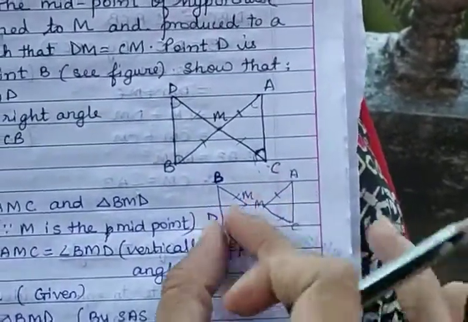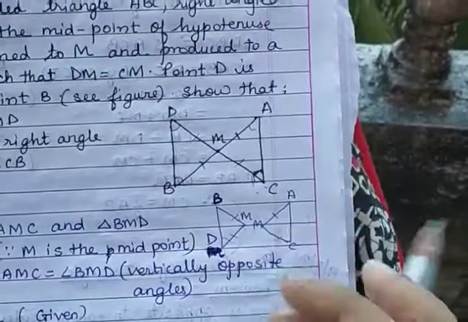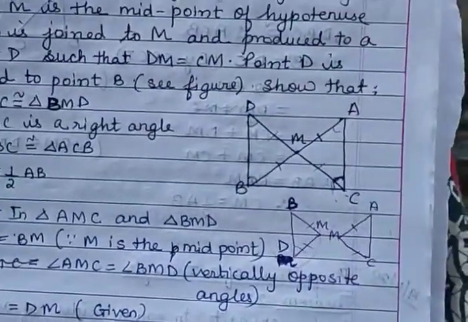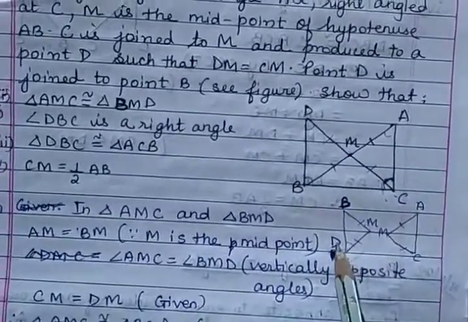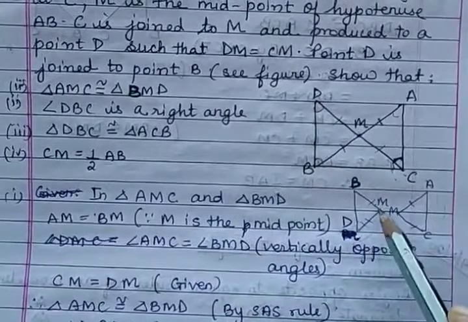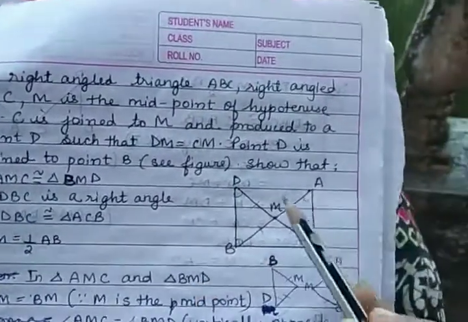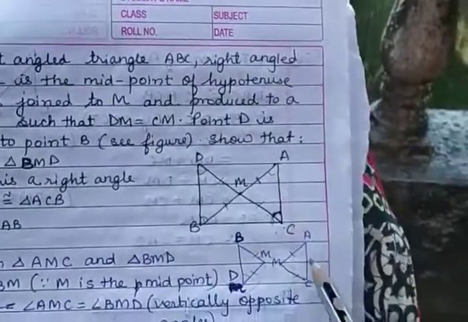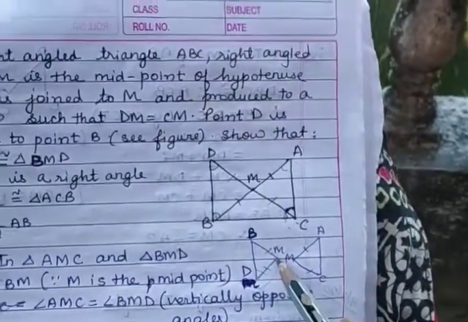So draw these triangles at the end here so that you know which are the corresponding parts. Now in triangle AMC and triangle BMD, it is given that AM is equal to BM already. So AM is equal to BM, correct?